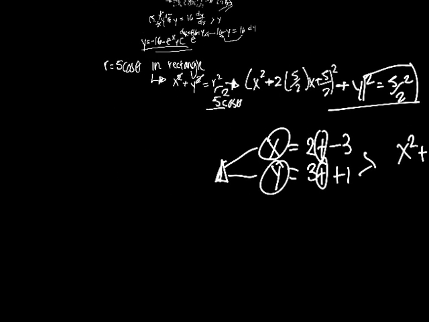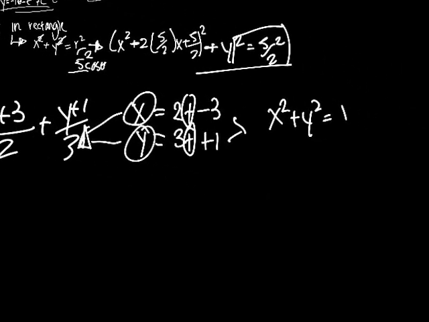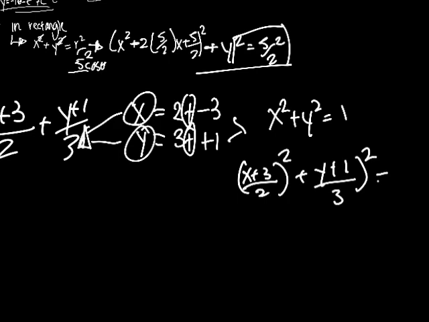We rewrite this, and we can say x plus 3 is equal to 2t, y plus 1 equals 3t. And we plug that value into this formula. So we can say once again x plus 3 minus 2 is 2 plus y plus 1 minus 3 squared.